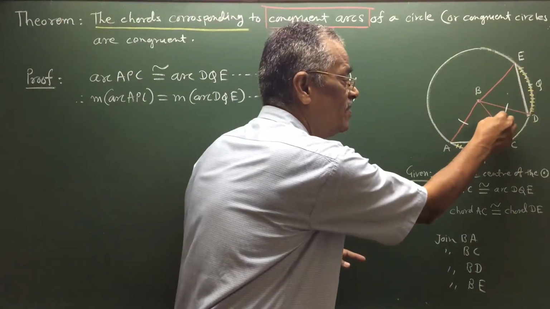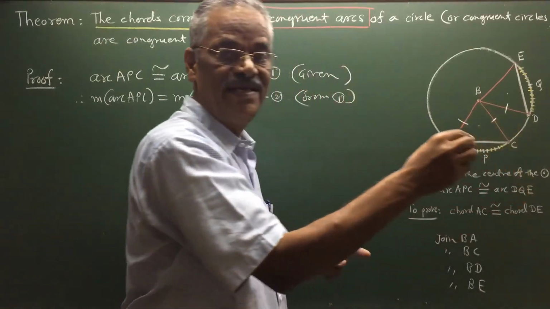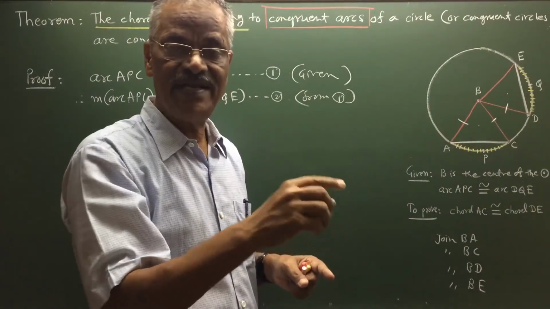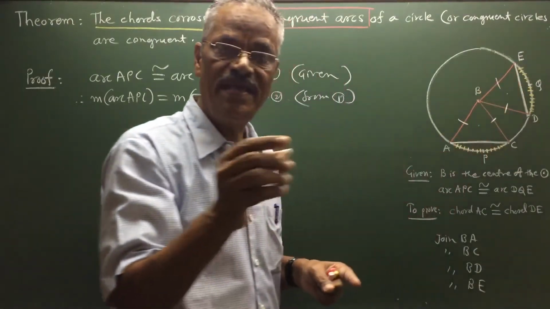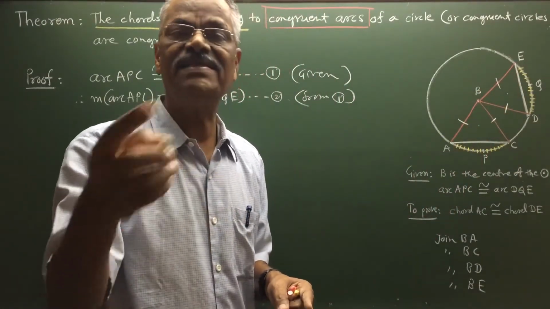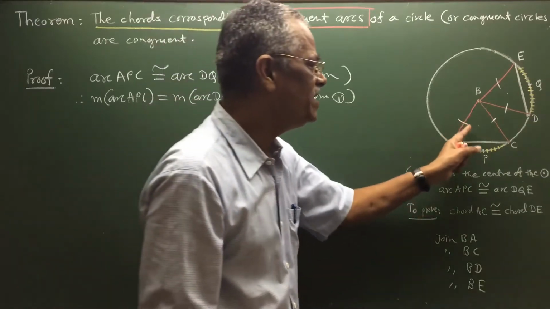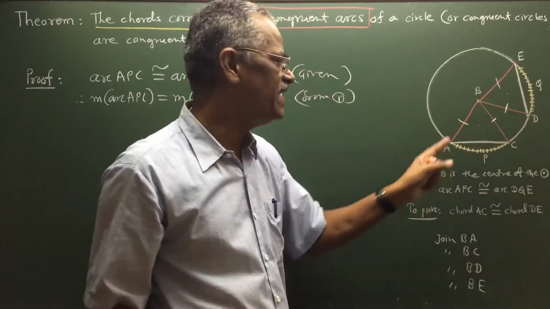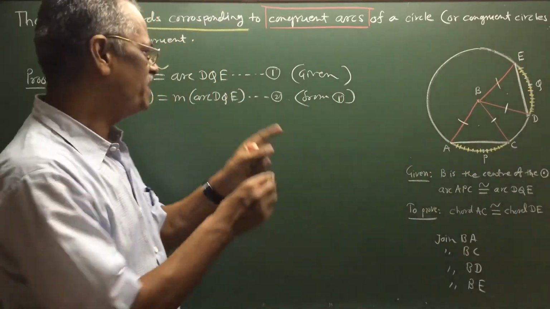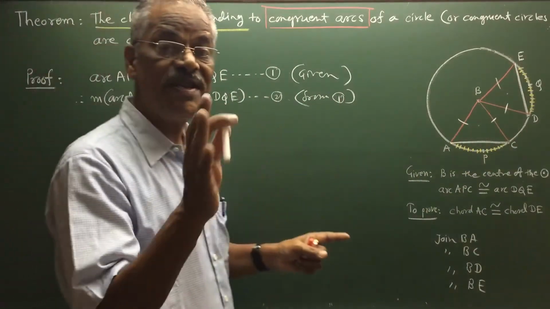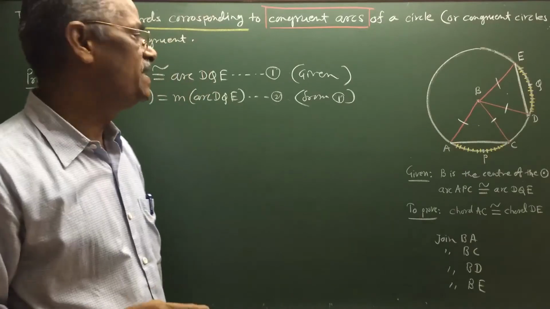Similarly, BC is a side of the first triangle and a radius, and BE is a radius and a side of the second triangle. So in the two triangles, two sides are congruent.